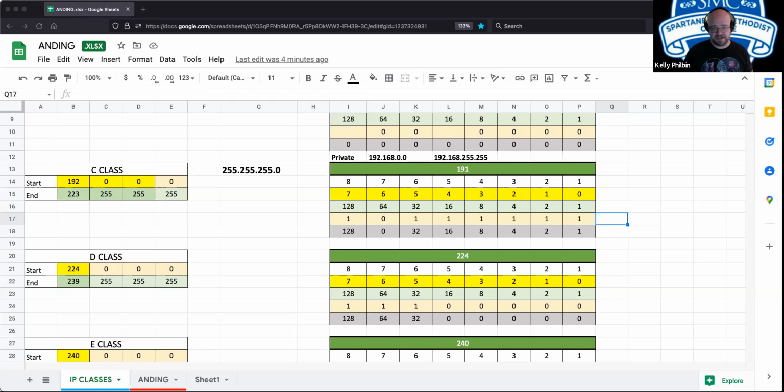Yeah, raise your digital hand when you're ready, when you got it. Give it a couple minutes. I'm gonna pause the recording here.